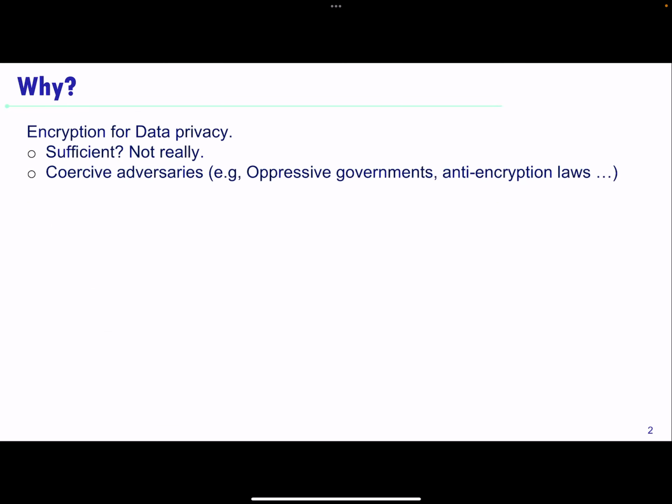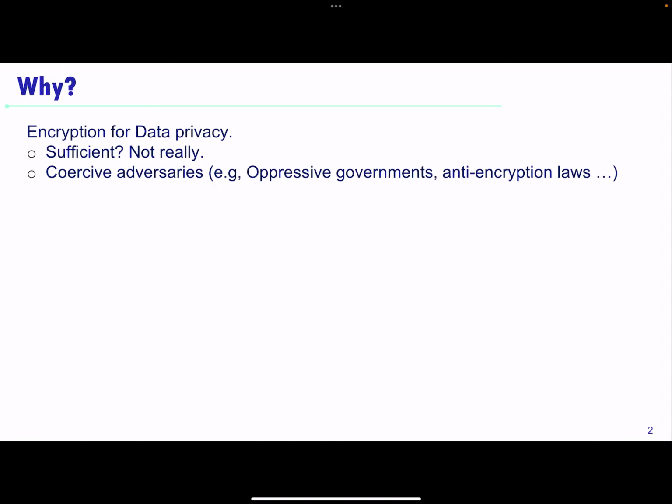So what's the problem? Why do we need this new thing? What is this new thing? Well, the problem is this, right? You have encryption and you use encryption for data privacy. And the problem that happens right now is that increasingly governments realize that encryption is very, very powerful as a tool in protecting yourself. And so then there's increasing anti-encryption laws. In addition to oppressive governments, you see this in Western governments, like the UK government, the Australian government.